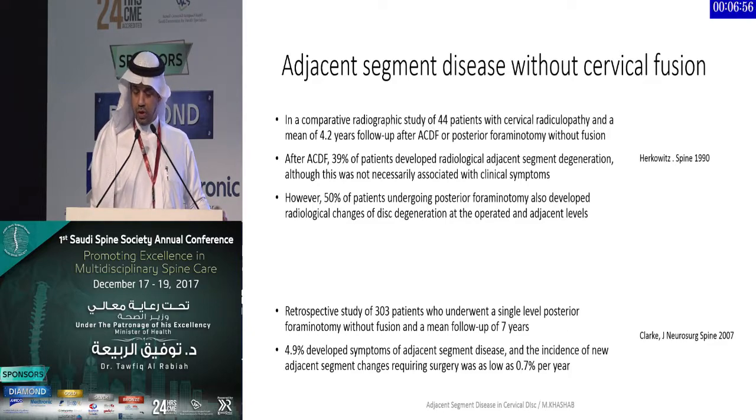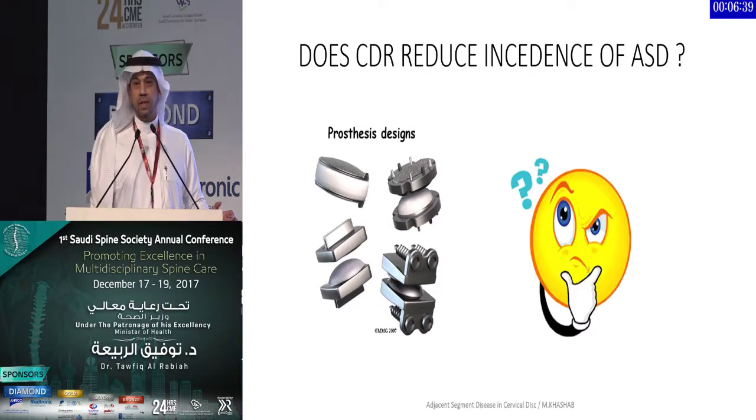More recently, in 2007, Clark reported only about 5% of patients who developed adjacent segment disease, and only about 0.7 per year who needed surgical intervention. So for disc replacement, there are many articles talking about disc replacement lowering the incidence of adjacent level disease. Is that true?